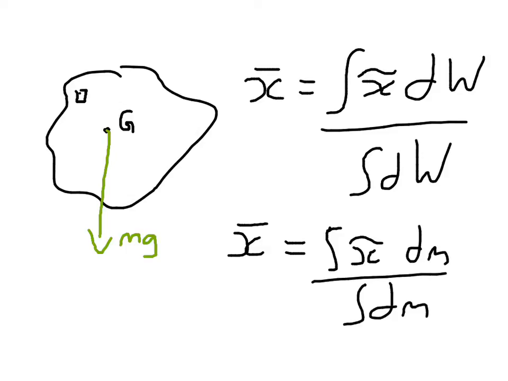And we can do the same thing replacing with dv to find a geometric centre. So to find a centre of gravity we use our top equation, to find a centre of mass we use our bottom equation. This is just the x-coordinate example. For a centroid position, a geometric centre of a shape, we would replace that with a dV of volume or dA of area, depending on if it's 2D or 3D.